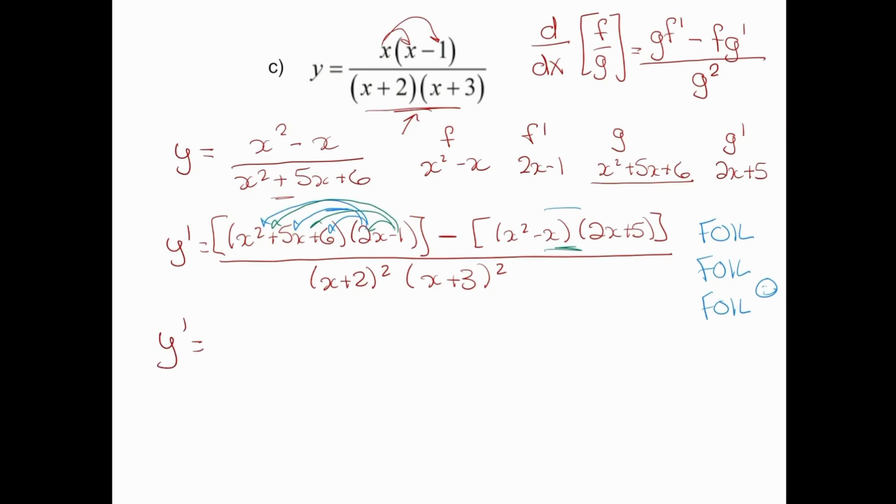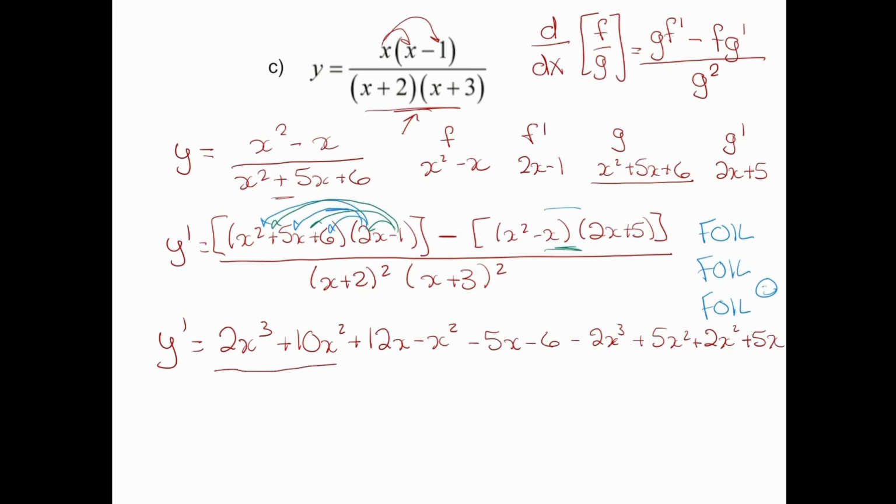So we end up with 2x cubed plus 10x squared plus 12x minus x squared minus 5x minus 6 minus 2x cubed plus 5x squared plus 2x squared plus 5x. Whew! All over x plus 2 squared, x plus 3 squared.